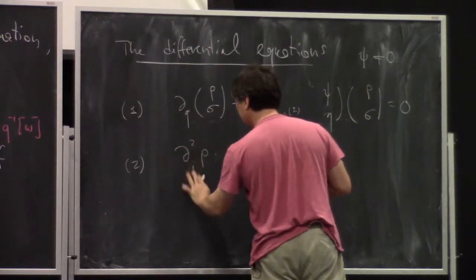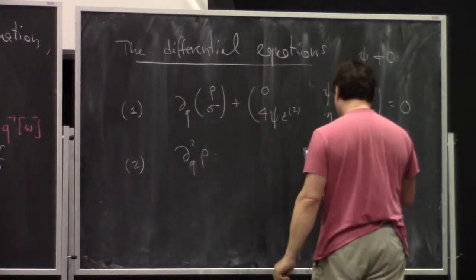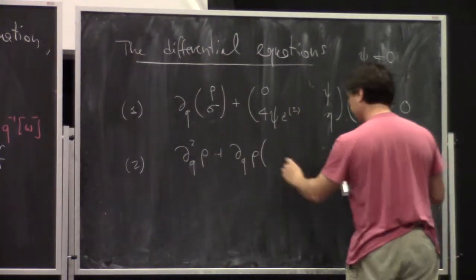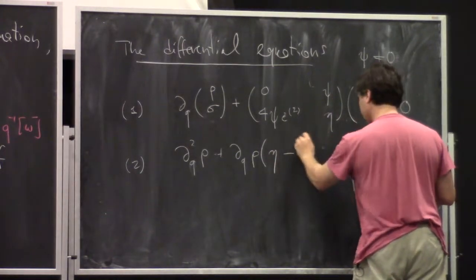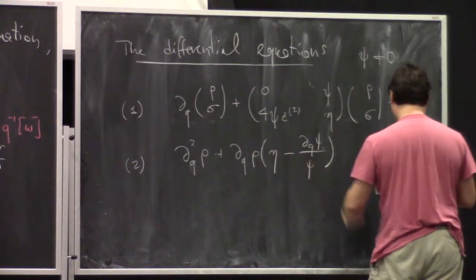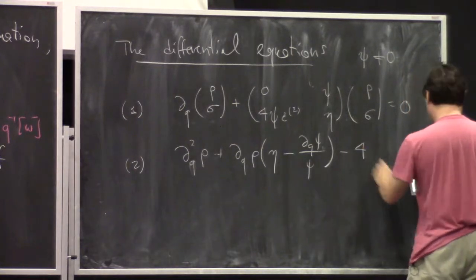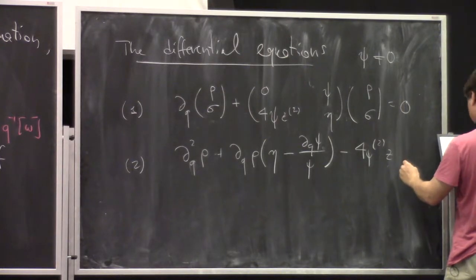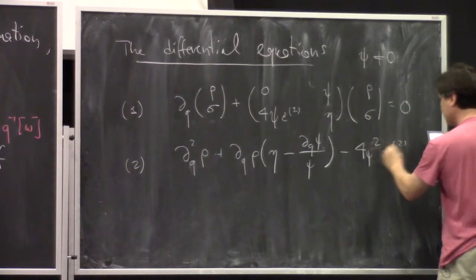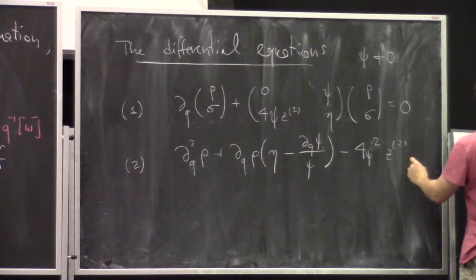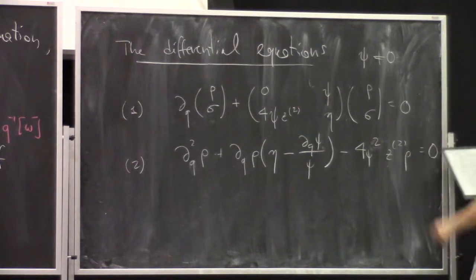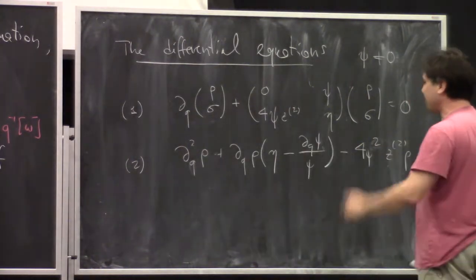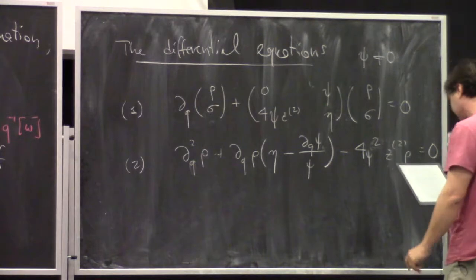Now we're reducing it to just an equation for rho. This is psi squared. This is this mysterious Z2 thing. Rho equals 0. So this is the scalar second order form, and then once you have rho, you can recover sigma from the first derivative of rho and psi.